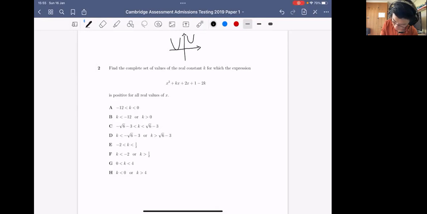Notice that you can rewrite this as that. Then we invoke the quadratic formula. So minus k plus 2, plus or minus the square root of k plus 2 squared minus 4 times 1 times 1 minus 2k, all over 2.